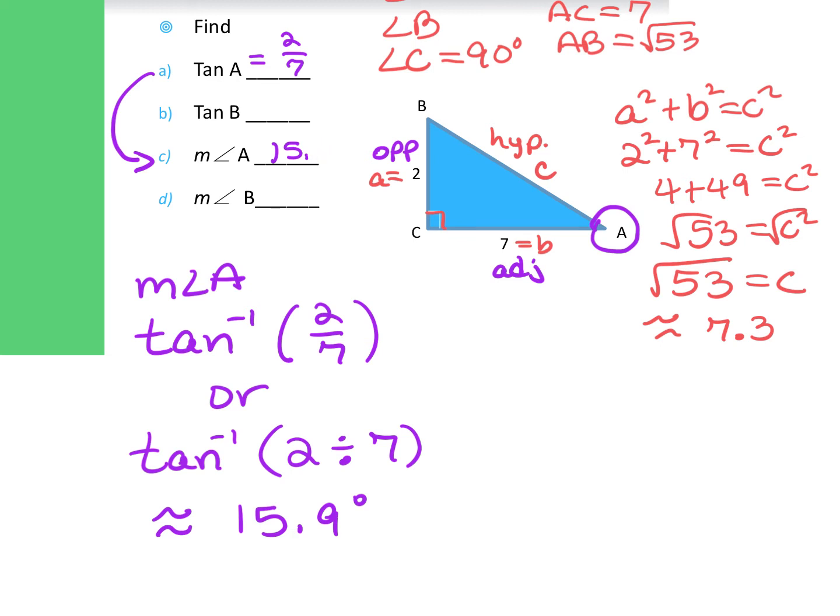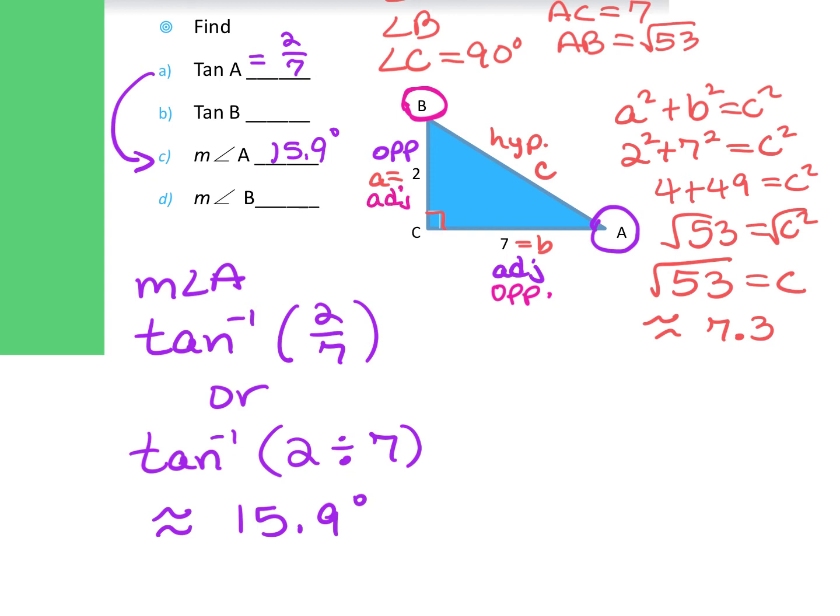Now, I'm going to go back and do the same thing. I'm going to relabel my picture and label the sides based off of angle B now. And I'll go ahead and label those in pink. So now, for the tangent of B, here's angle B. And the side that is opposite to B is now over here, and it's the 7. And then the side adjacent to B is the 2.